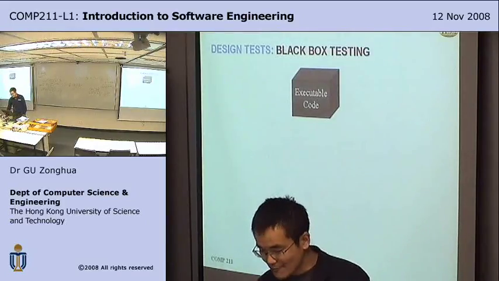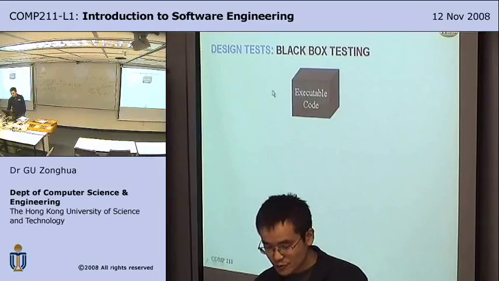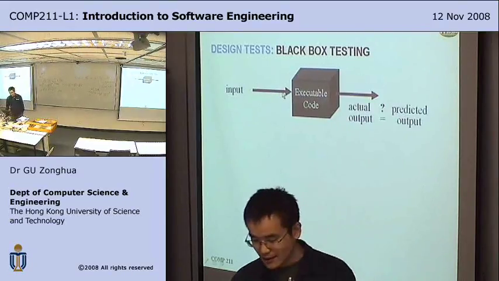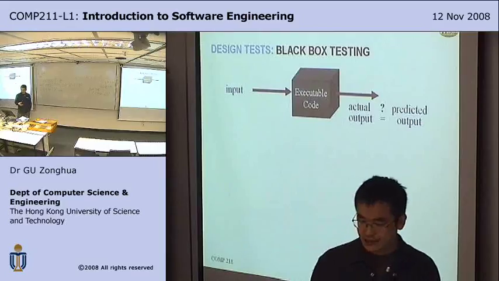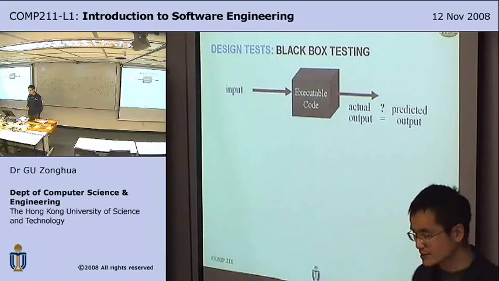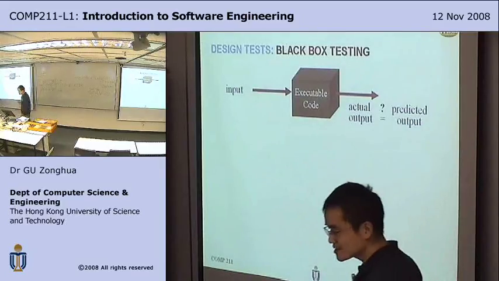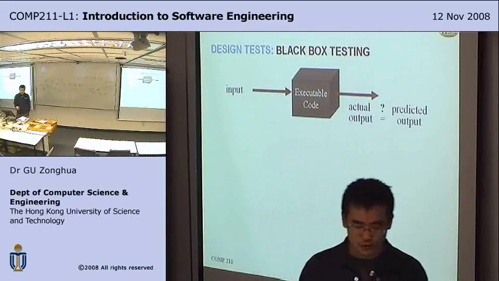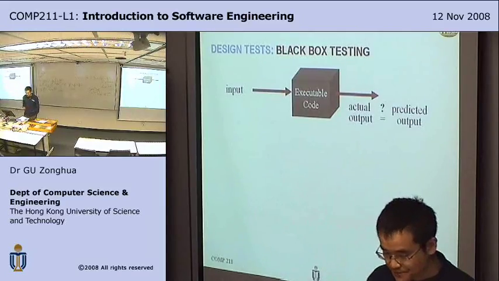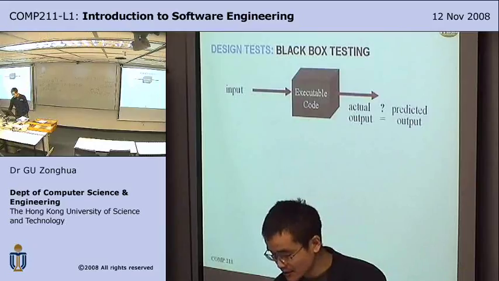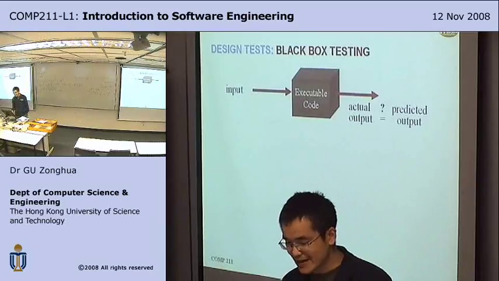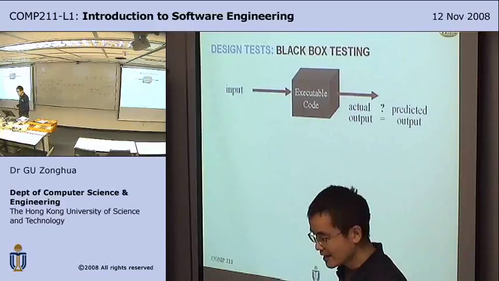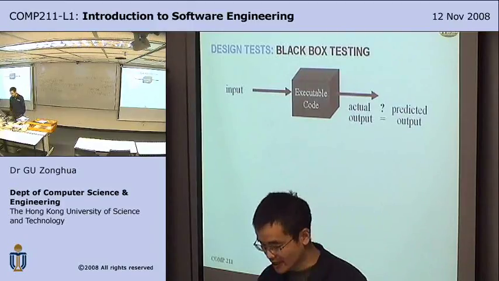Now black box testing is when you treat the code as a black box, issue inputs to it, observe the actual output from it, and compare it to the predicted output, that is the correct output, to see if they're equal or not, to see if the test passes or not. So the code can be executable code only. That is, the tester may only get an exe file, not the source file.